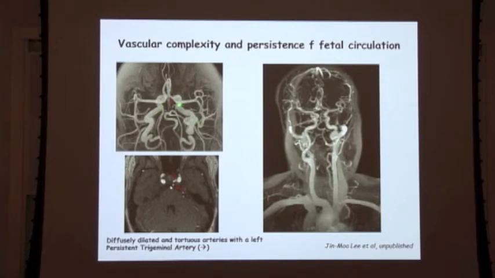And moreover, I'm told they can detect the presence of persistent fetal arteries. This is a trigeminal artery, which normally disappears after birth, but it's still present here. And in MRI of the thorax, Gautam Singh assures me that there are arteriovenous collaterals which should not be there. So I think we're beginning to see part of the explanation for the persistent ductus arteriosus.